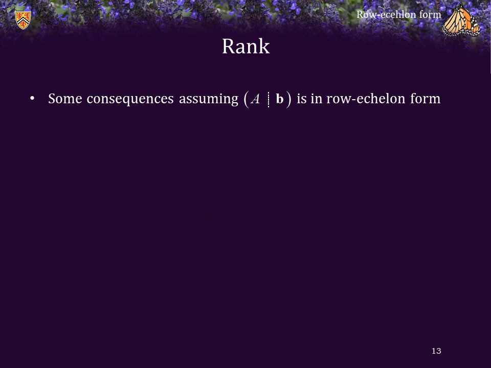Now, here are some consequences of this definition. Try to convince yourself that these are correct consequences. First, if A is an m by n matrix, then the rank of A cannot be greater than the minimum of m and n.